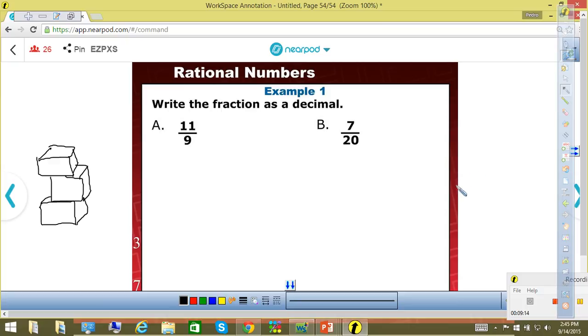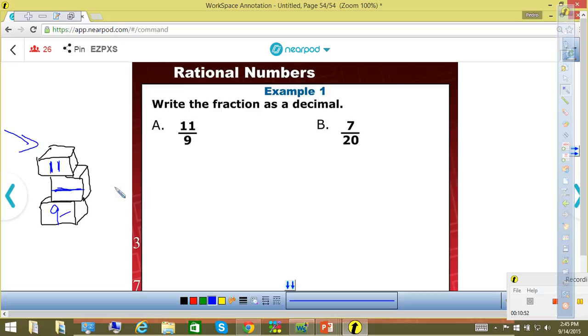Anyways, here we go. So check this out. Let's say we're playing with wood blocks. Pay attention. I'm going to make this fraction with these wood blocks. Here's the number 11. The fraction bar is right here. And this one is a 9. So here comes my little cousin, and they push it like this.